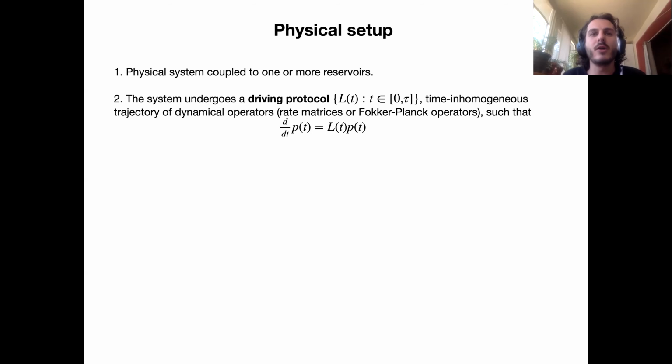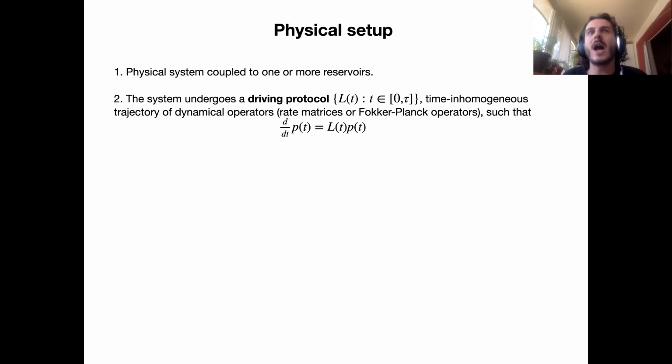And I'm going to now describe our general approach, starting with the physical setup that we consider. So we think of a physical system coupled to one or more thermodynamic reservoirs, so the formalism of stochastic thermodynamics applies. The system undergoes what we call a driving protocol.